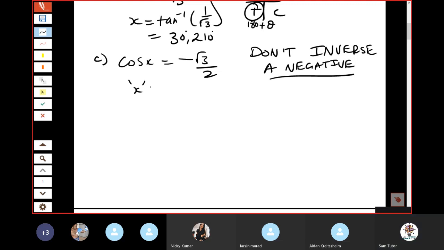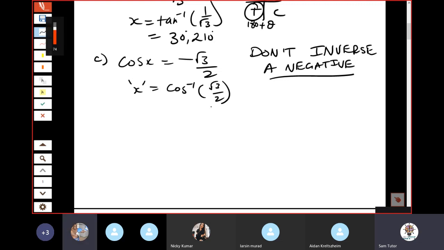So like to say, oh yeah, this is x, but it's not. So x hat becomes inverse cos of root 3 on 2. Just the positive case. You don't do the negative case. Chan, makes sense so far? So you put this hat because this isn't the answer. It's just an angle we need to actually continue.